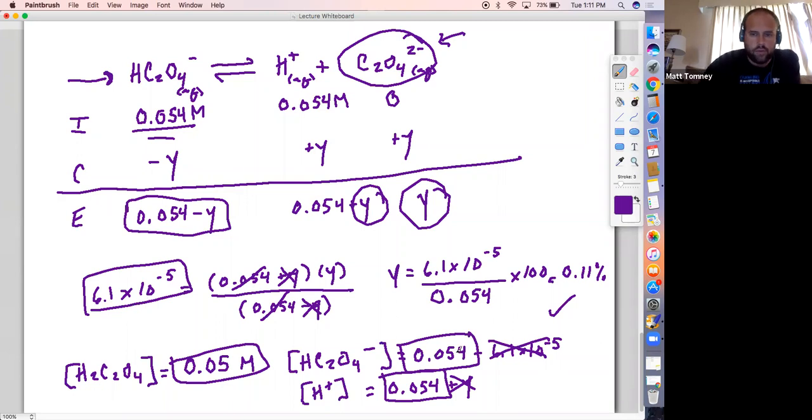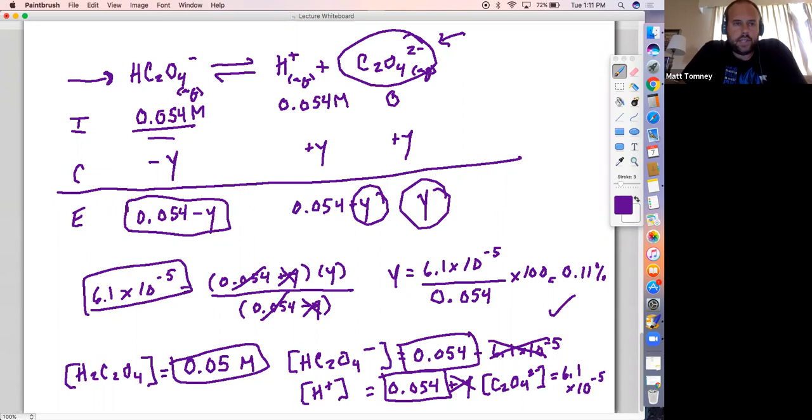Okay, I'm running out of room here, so excuse me while I squeeze this in at the bottom. But this right here would be C2O4 2 minus, and it will be equal to 6.1 times 10 to the minus fifth. And now we have solved for every single species at equilibrium. So you can see this type of problem, compared to what we are used to, is far more complicated than just solving for a single ICE.